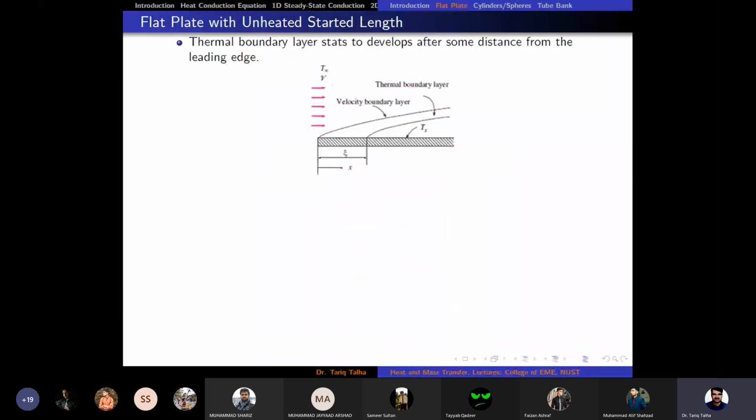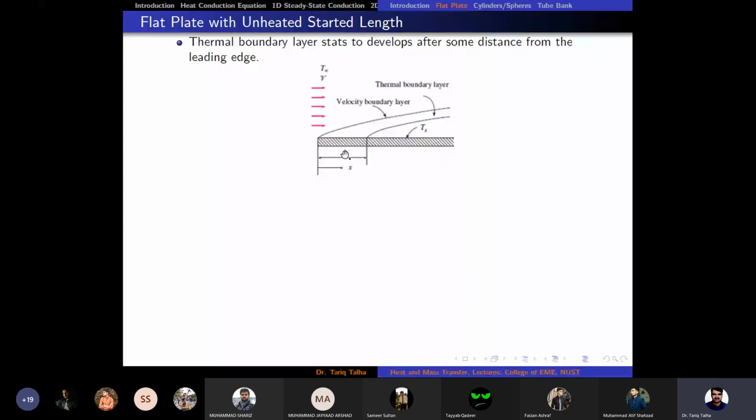And then if we have a situation where in the beginning there was no heat transfer, as the plate was at room temperature, and then there is some portion where heat transfer happens as well, then the velocity boundary layer would start from the tip, but the thermal boundary layer would start after a delay of this parameter zeta. You see that initial unheated length represented by the zeta parameter here.